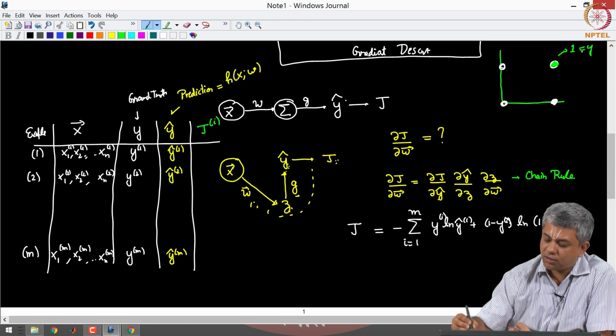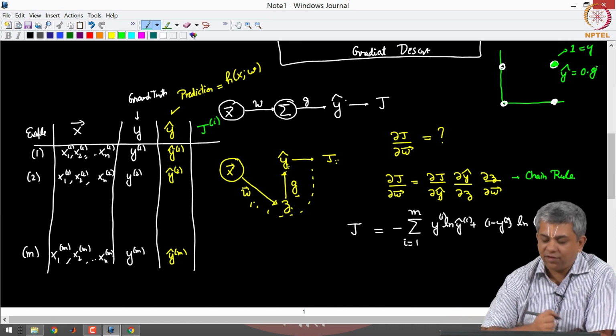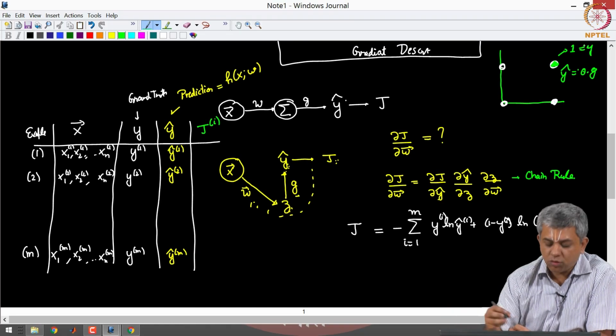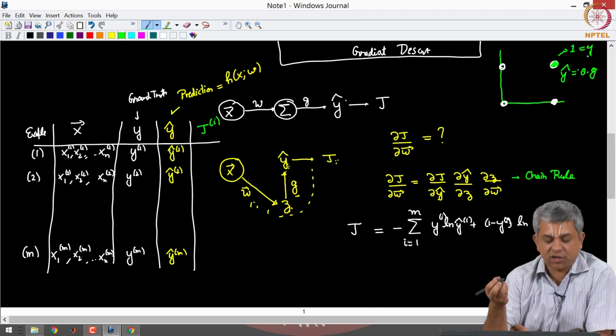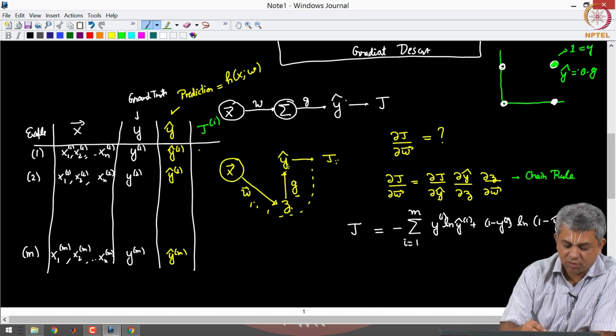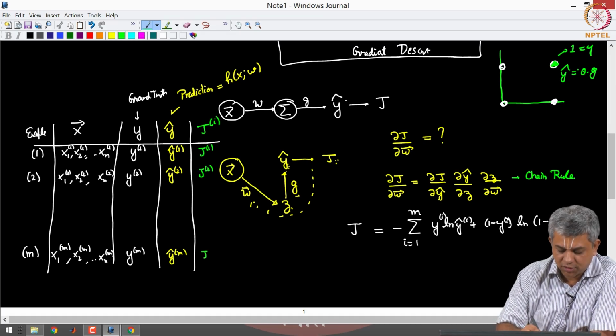This was y, and y hat was let us say 0.8. The very fact that y hat and y differed will give you some amount of loss. So, j^i is just the loss in the ith example. Okay. So, you will have j^1, j^2 up till j^m.